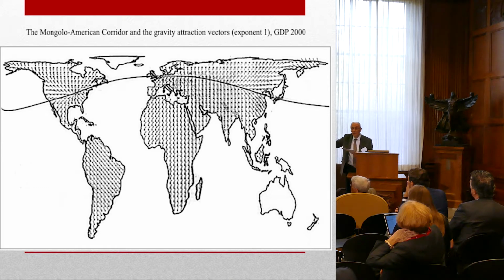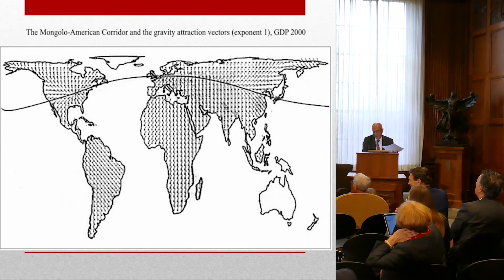And the American corridor had been computed on the basis solely of history. It is maybe 10 years later that we made the gravity field analysis, and we put the two together, and my assistant could not believe what he saw, but I was triumphant.